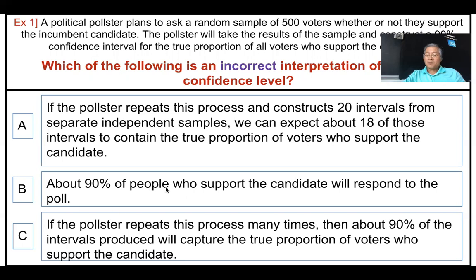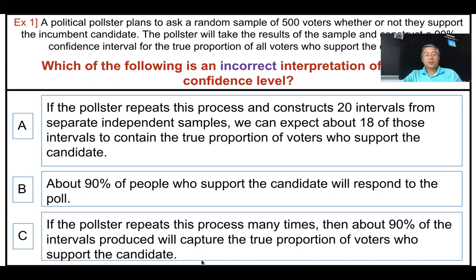B, about 90% of people who support the candidate will respond to the poll. C, if the pollster repeats this process many times, then about 90% of the intervals produced will capture the true proportion of voters who support the candidate.